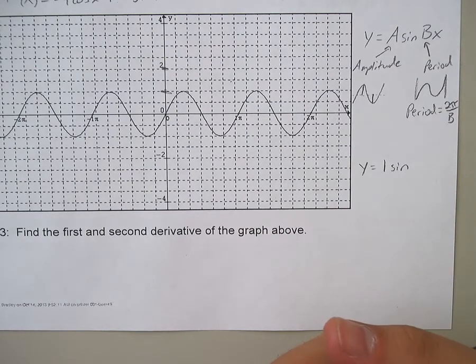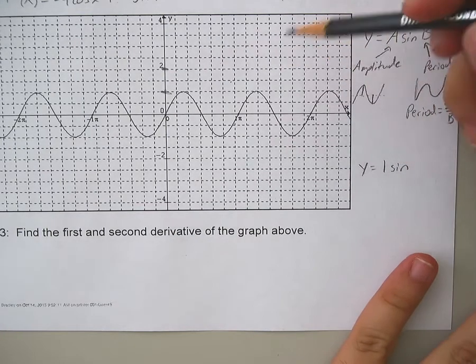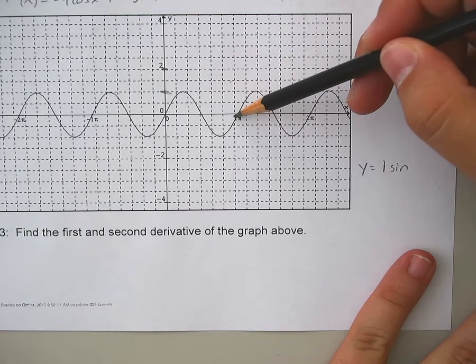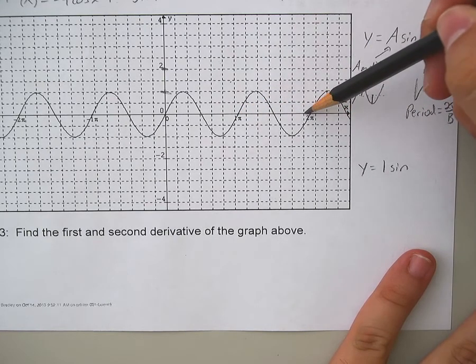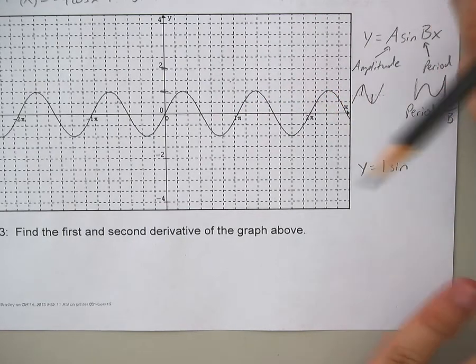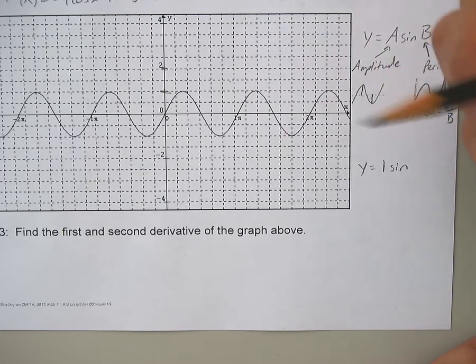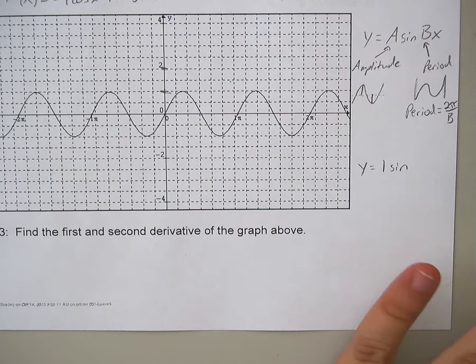Now the period here is supposed to be 2 pi. How many times does this wave repeat itself within that 2 pi time frame? Here's 1 pi, here's 2 pi. So you're looking at how long it takes before this actually completes one wavelength.